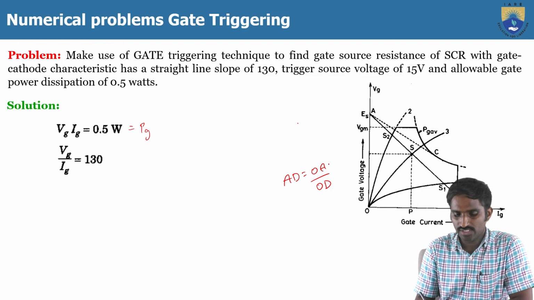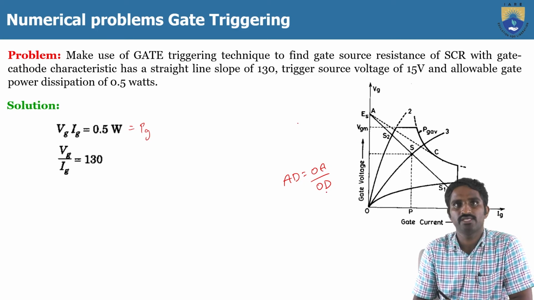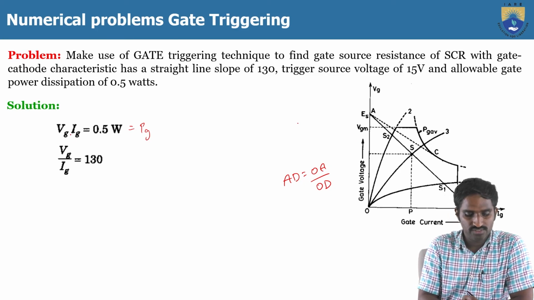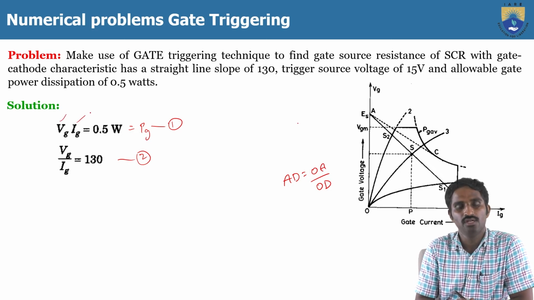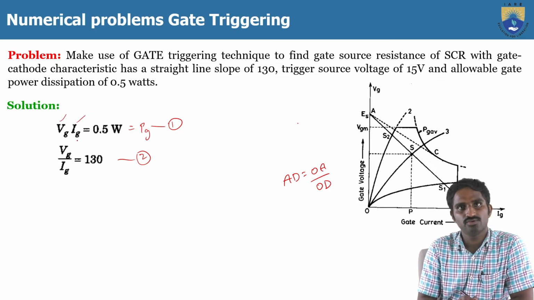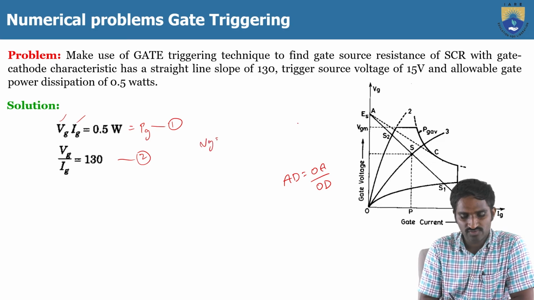Here OA is Vg and OD is Ig. We have two equations, 1 and 2, and two unknown parameters Vg and Ig. By solving these two equations, you can get the values of Vg as well as Ig.